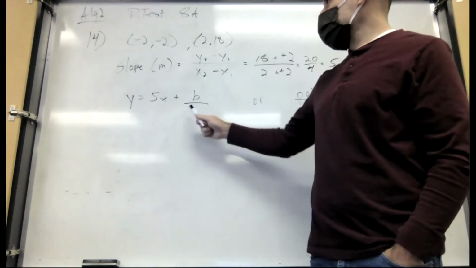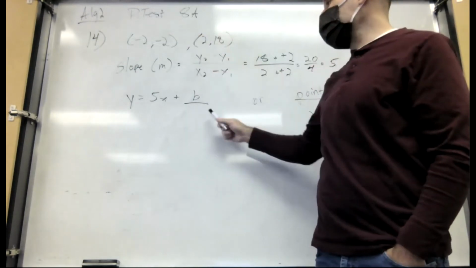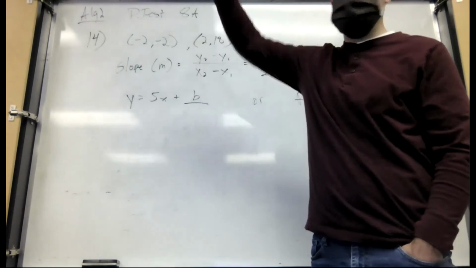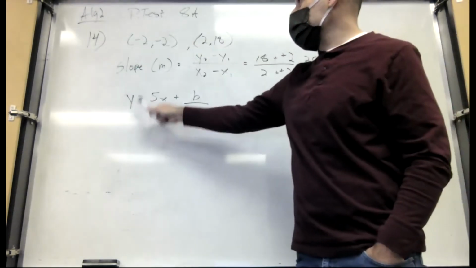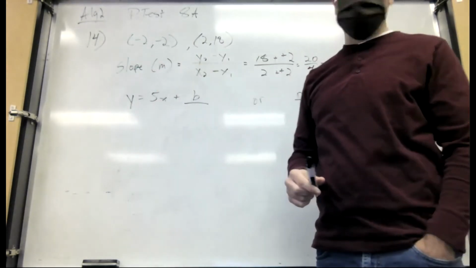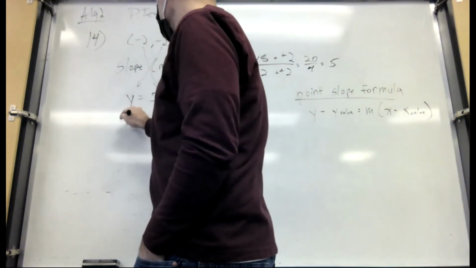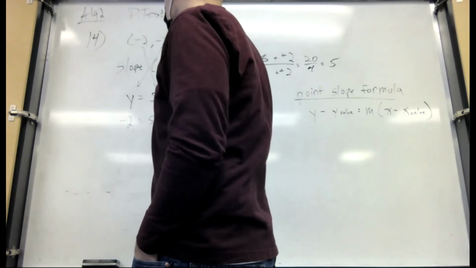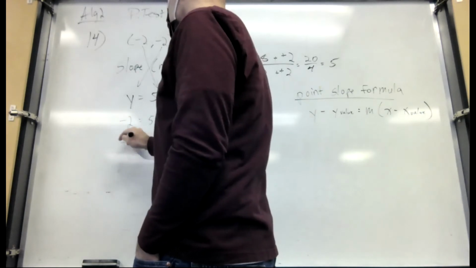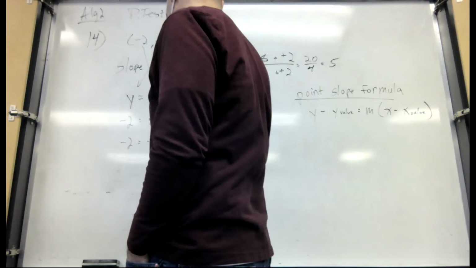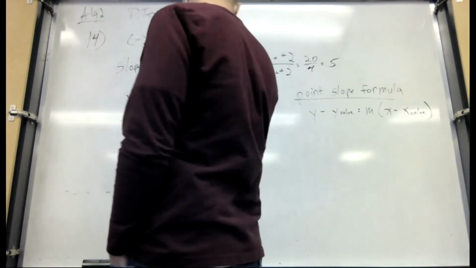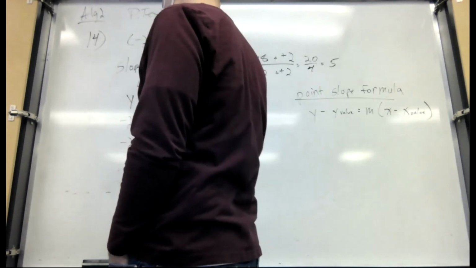You could graph it, starting at one of these points and then graph it and see where it crosses the y-axis, or just plug in one of these points to the x and y. So I'm going to do that. So -2 equals 5 times -2 plus b. So -2 equals -10 plus b. b has to be +8.